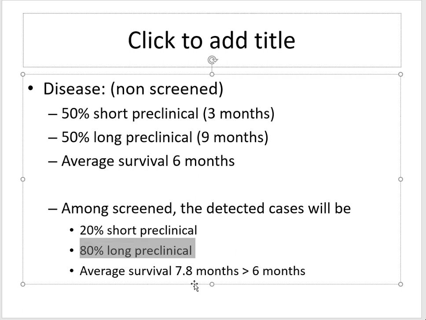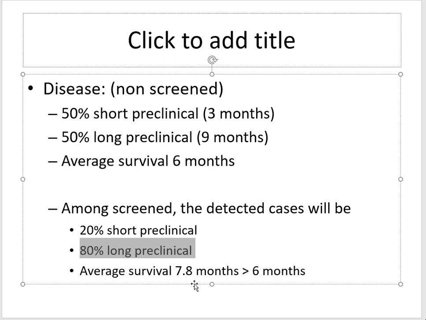Now why? Well, remember we mentioned that long preclinical have a higher chance of being detected. So instead of getting 50-50 in the screen, you end up having an overrepresentation of the long preclinical.